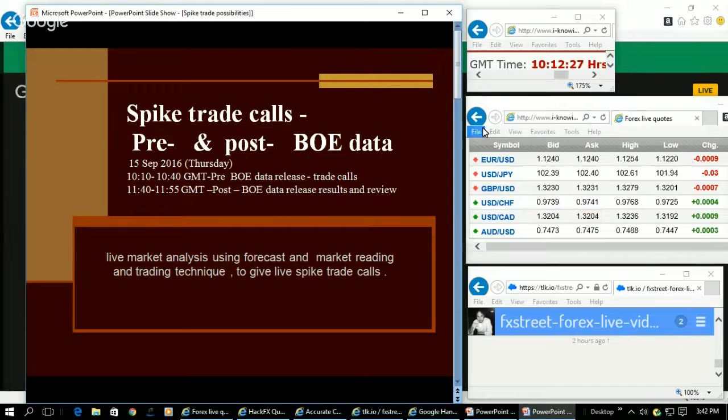Now, if you look into the live market code page, you find Euro, USD Yen, and GBP showing nominal negative net change, and USD CHF, Canadian dollar, and Australian dollar showing nominal positive net change. In the absence of adequate volume, the players are handling the crosses now.